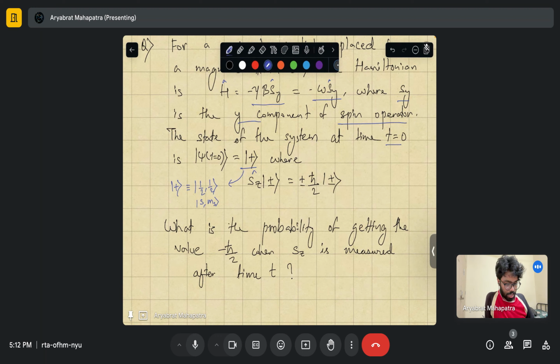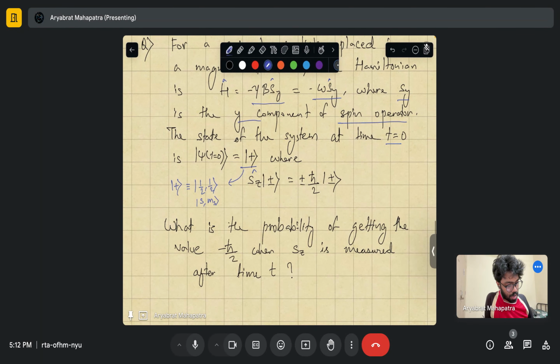If your state is something like |S, m_s>, then that is the eigenstate of the spin operator S_z, and also of the S square operator. So that's why you can write S_z acting on plus minus will give you h bar by 2 plus minus.